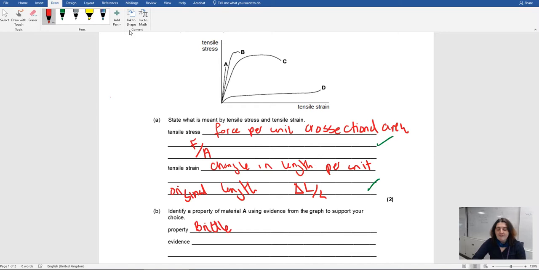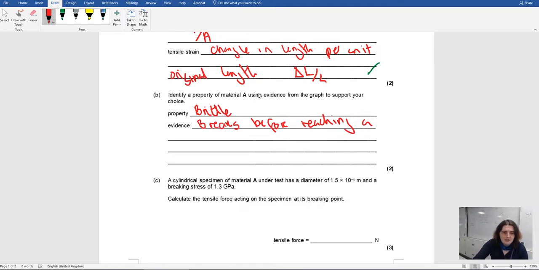And the evidence for this, the reason I know this is a brittle material, is because it breaks before reaching a plastic region. So 1 mark for mentioning brittle and 1 for saying it breaks before reaching a plastic region. So this is their wording.